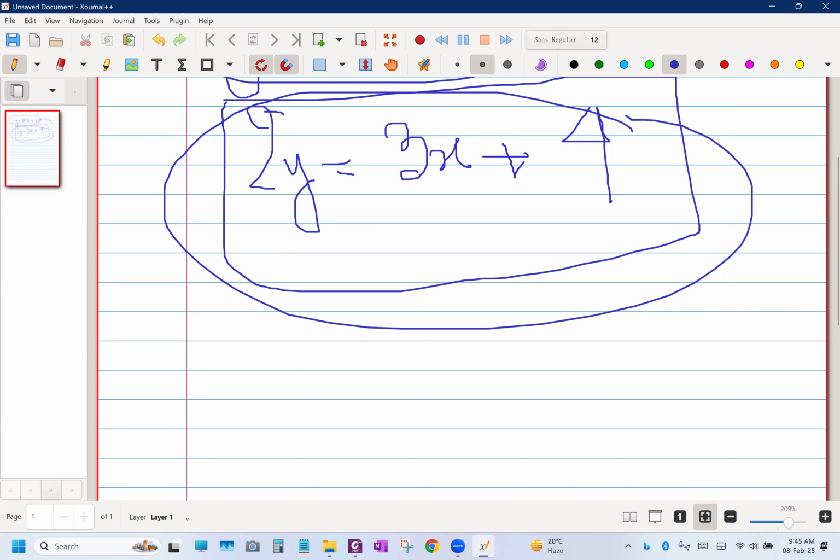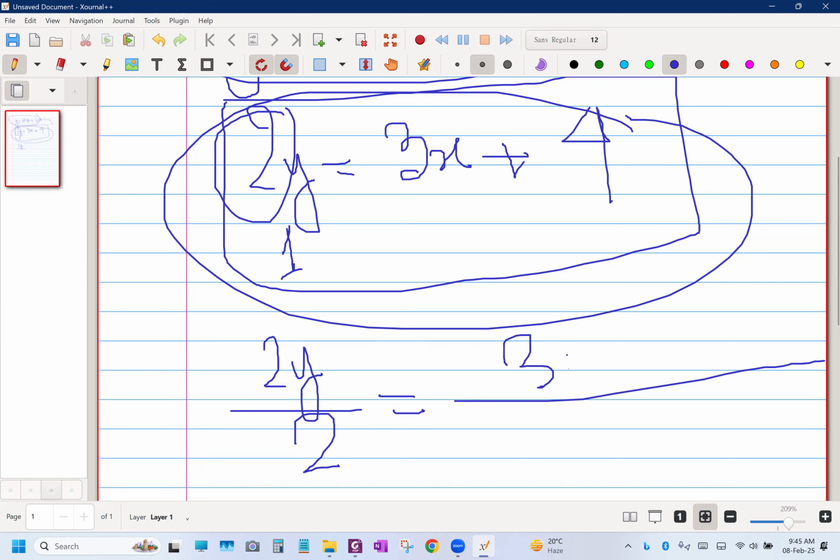You just need to vanish this 2 and make it 1, by dividing both sides by 2. So 2y equals 3x plus 4, divided by 2.